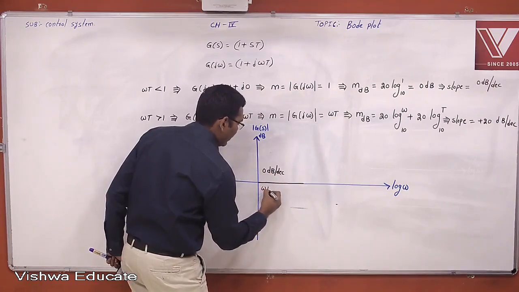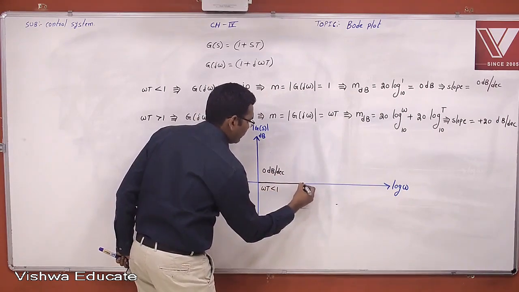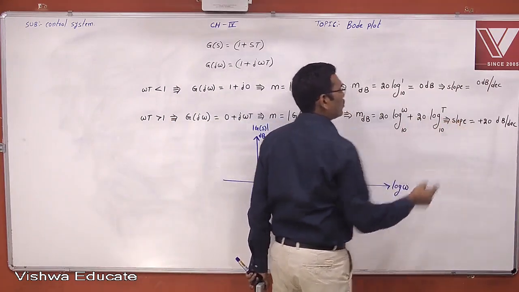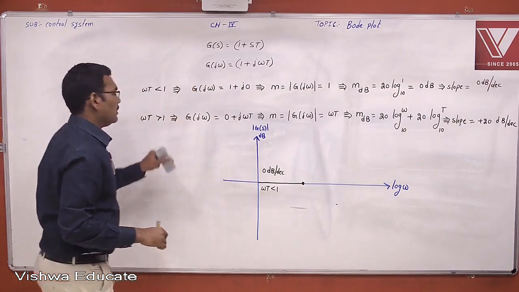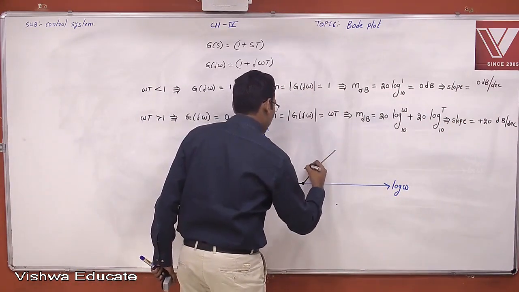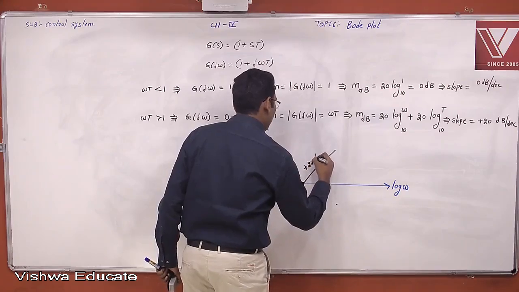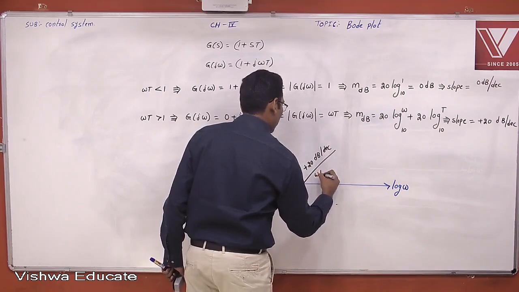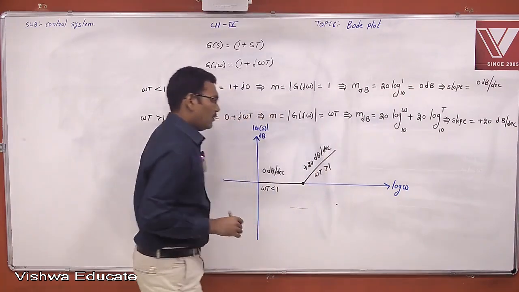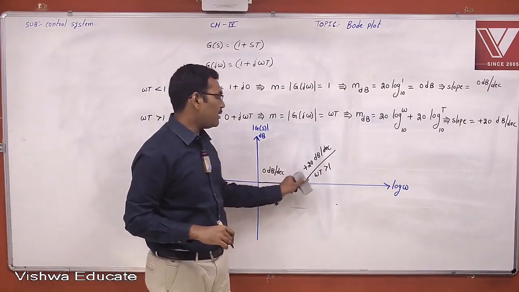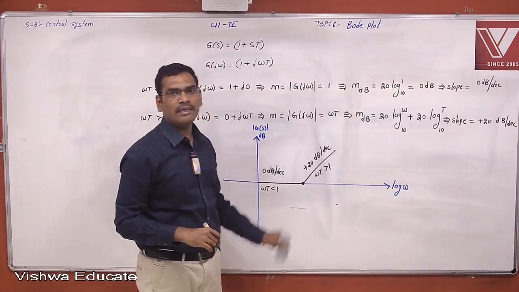When omega T is greater than 1, what is the slope? It is a rising slope. How much? Plus 20 dB per decade. When omega T is less than 1, slope is 0 dB per decade. When omega T is greater than 1, slope is plus 20 dB per decade.